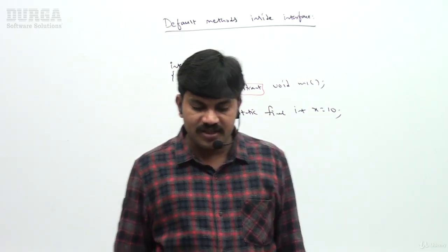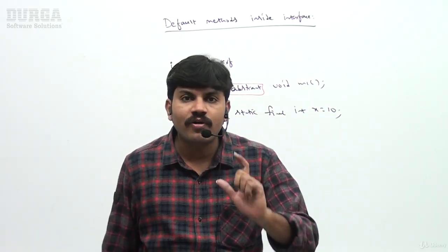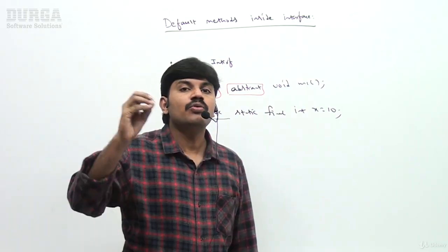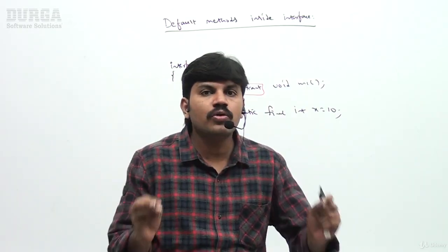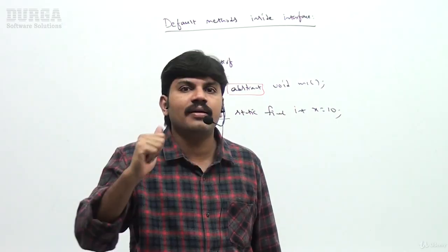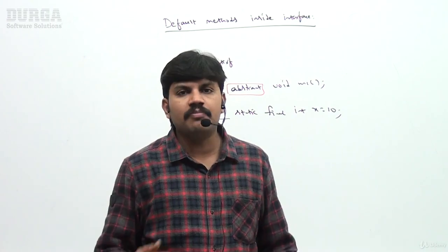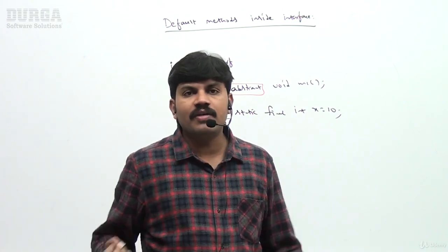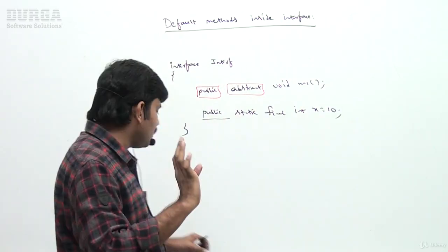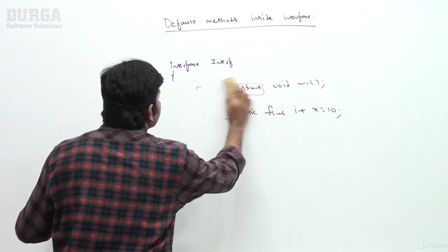First, let me explain how to declare a default method and how to use it. At last I will explain the internal reason why this concept came into the picture, and how our life will be simplified because of these default methods.